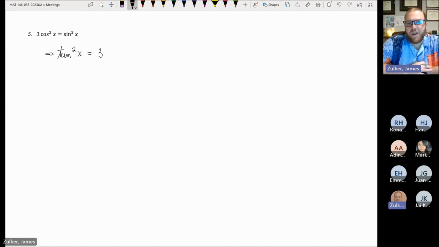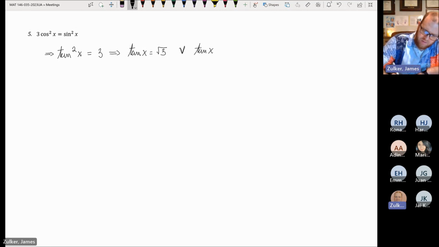Means that tangent squared has to be 3. Right? That would mean that tangent is either root 3 or tangent is negative root 3.